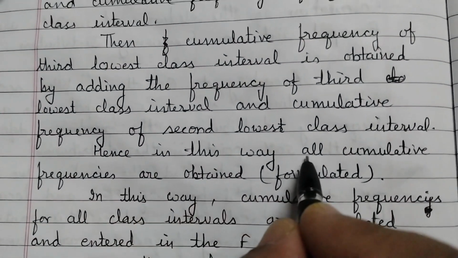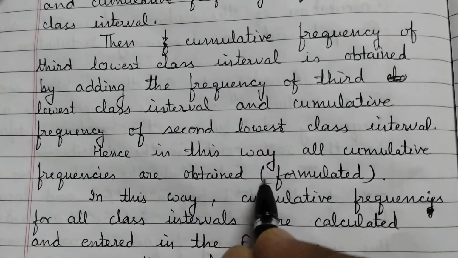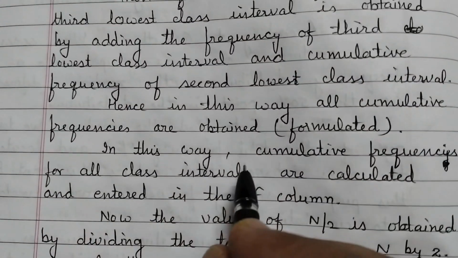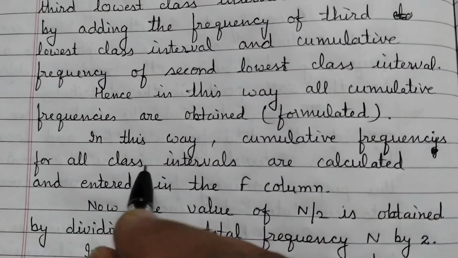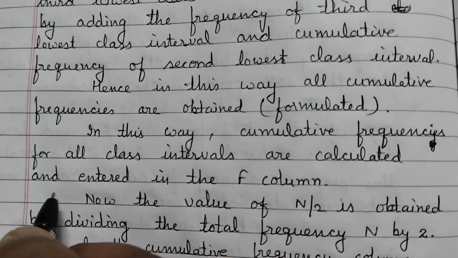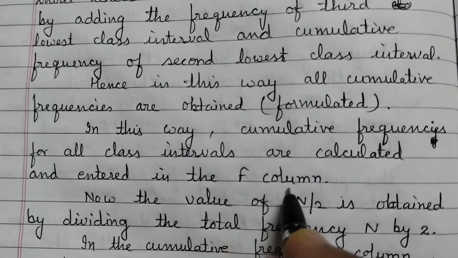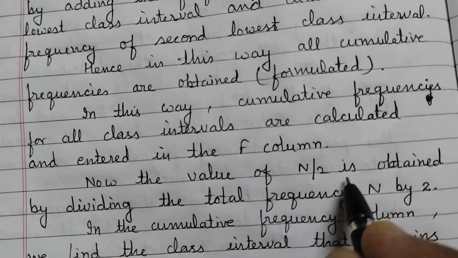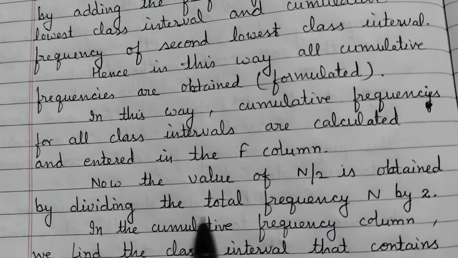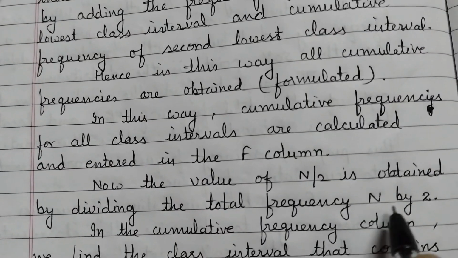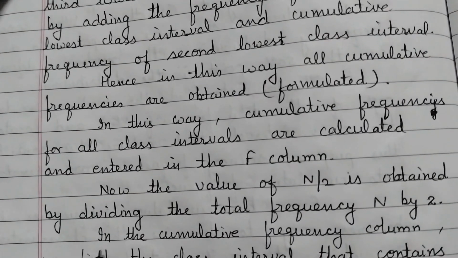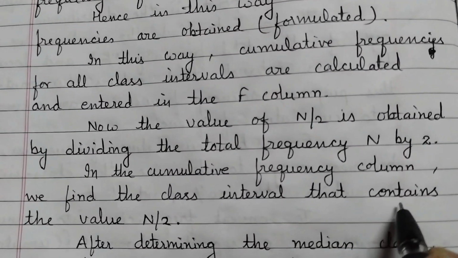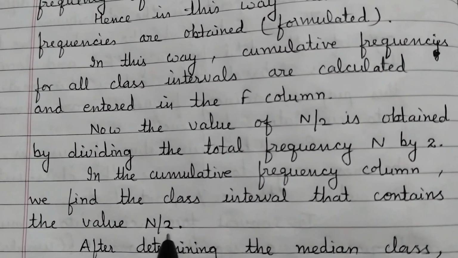In this way, cumulative frequencies for all class intervals are calculated and entered in the separate column, column F. Now the value of n by 2 is obtained by dividing the total frequency n by 2. Next, in the cumulative frequency column, we find the class interval that contains the value n by 2.